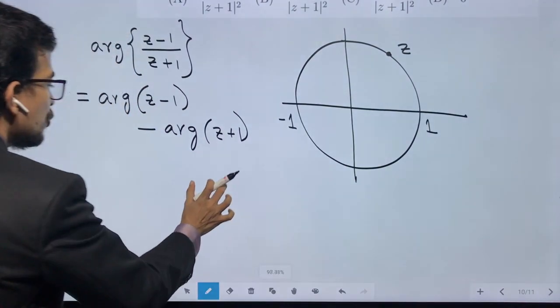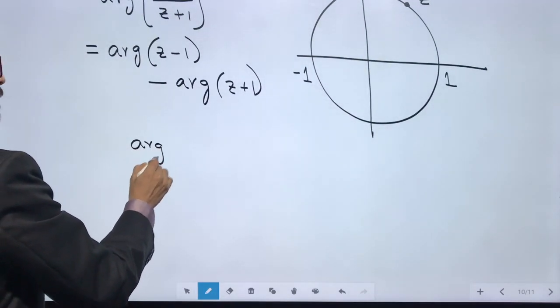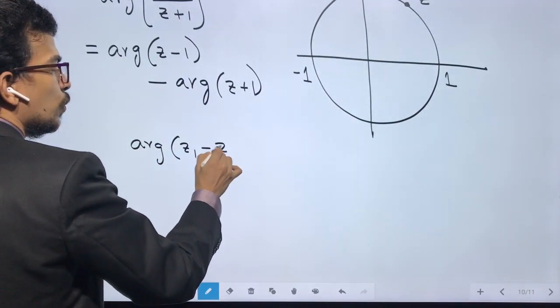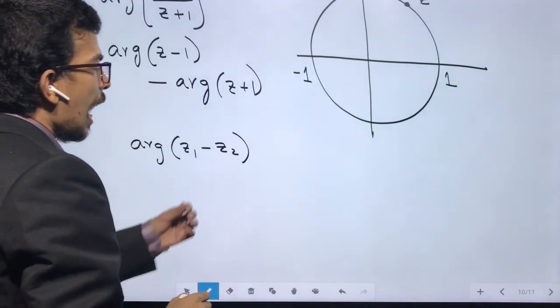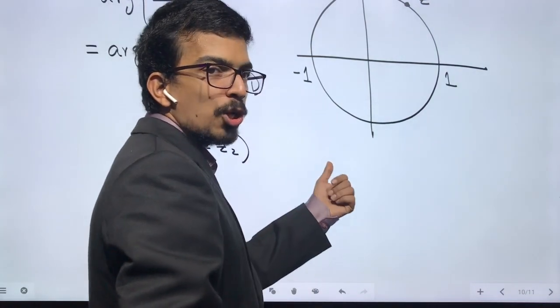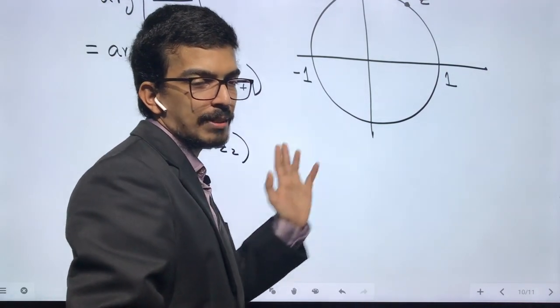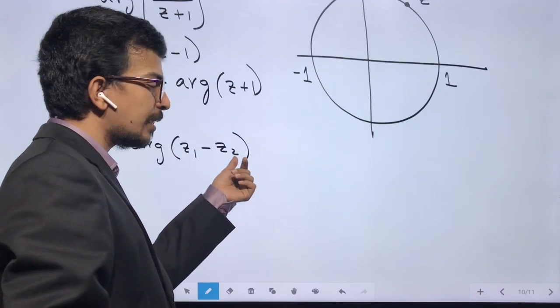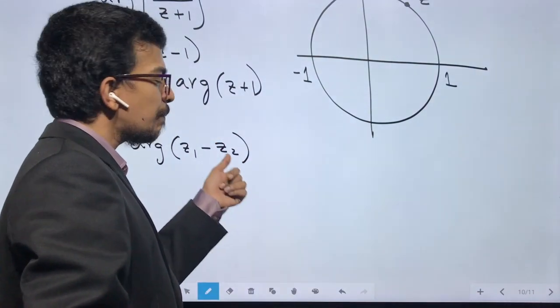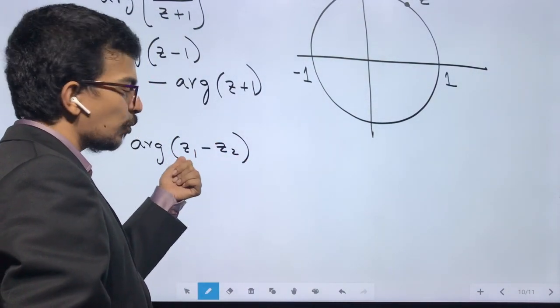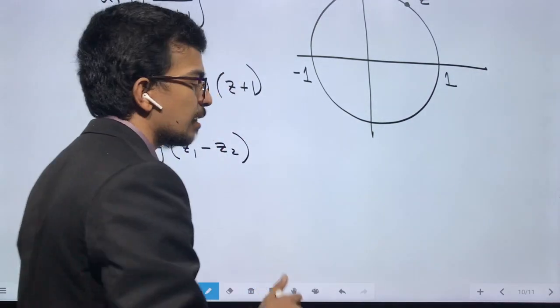Now what does argument of z minus 1 give me? For that you should know that argument of z1 minus z2 gives the angle made by the ray joining z2 to z1 with the positive direction of x-axis.